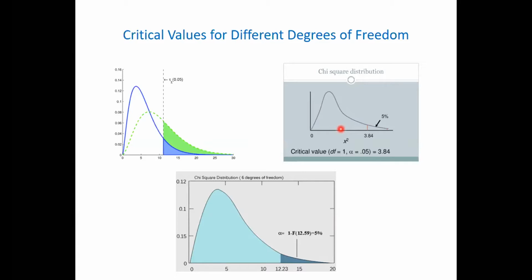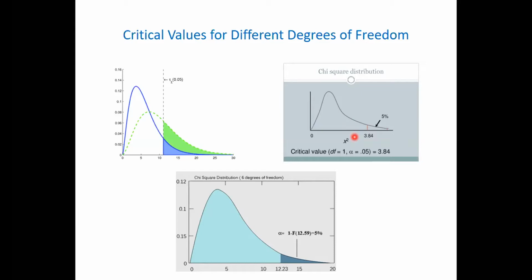The standard normal deviation for normal distribution that corresponds with that 95% confidence level, or 5% level of significance, is 1.96. Therefore, chi-square with degree of freedom 1 is 3.84. You can even look at it. We have already said that chi-square was derived from squaring the standard normal deviation.